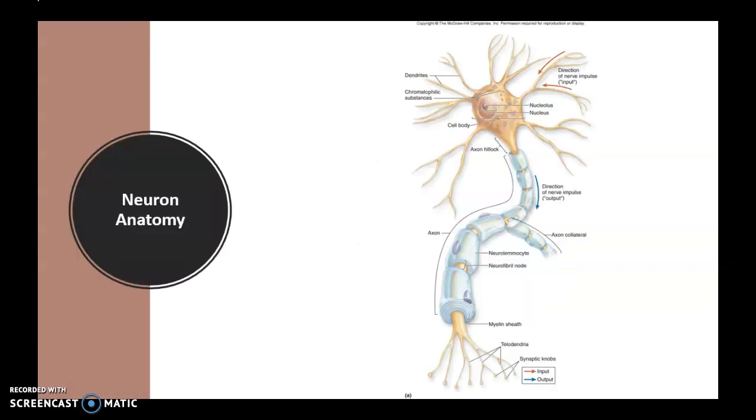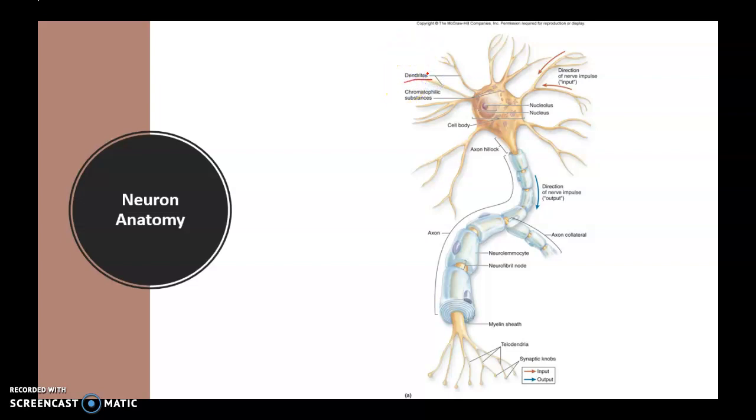Quick review of the anatomy of the neuron. You have learned about this in anatomy, and I expect you to remember that information, so I will go over this super quick. Looking at the neuron, moving from top to bottom, we see some cytoplasmic extensions, and the cytoplasmic extensions are called dendrites.